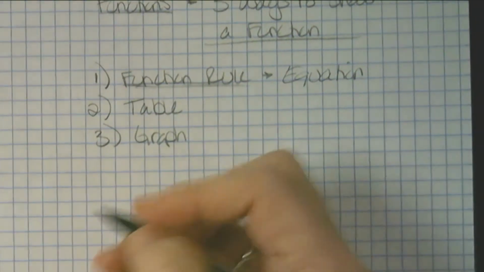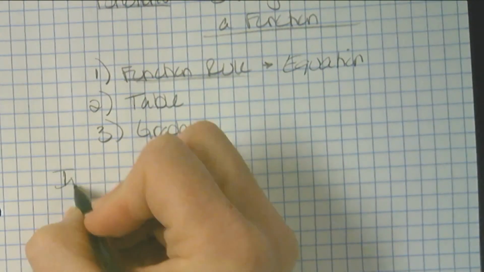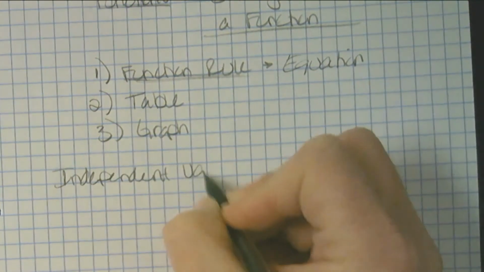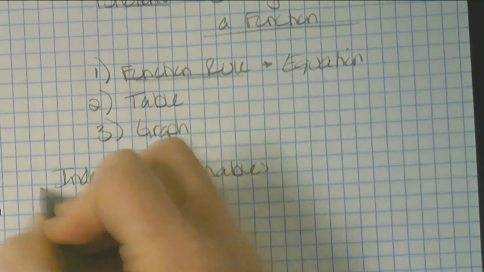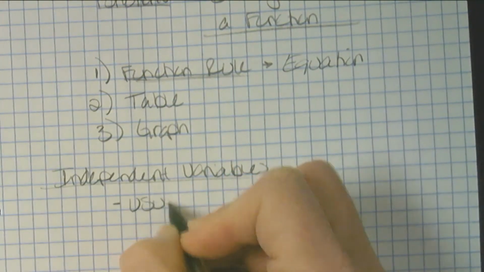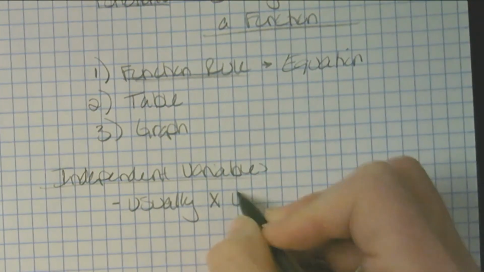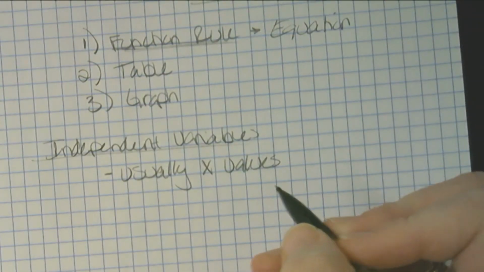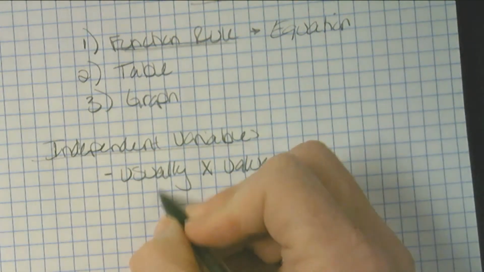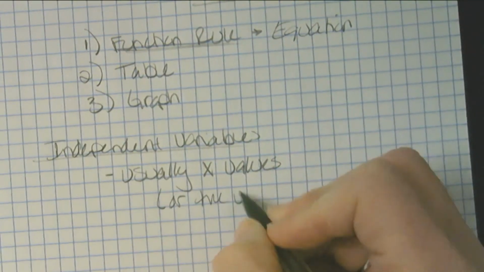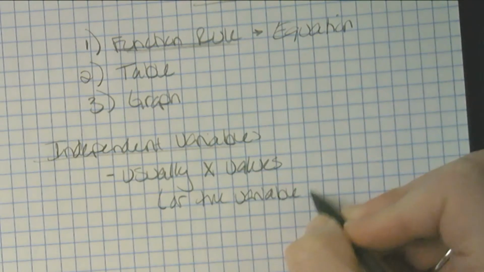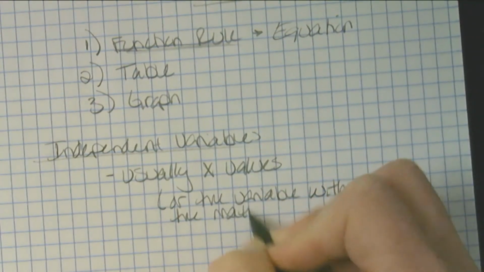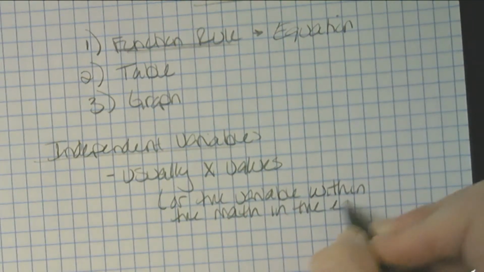Let's review something. So when we have independent variables, that's usually our x. It's usually our x values. I'm going to put in parentheses or the variable within the math in the equation.